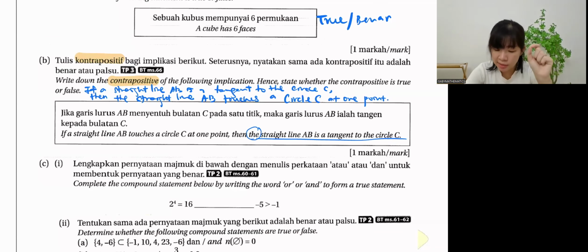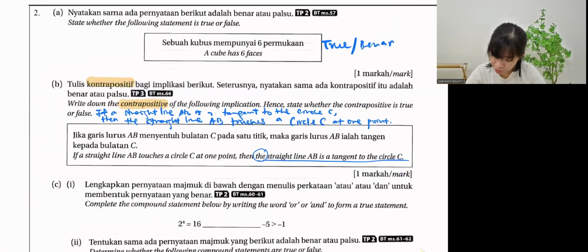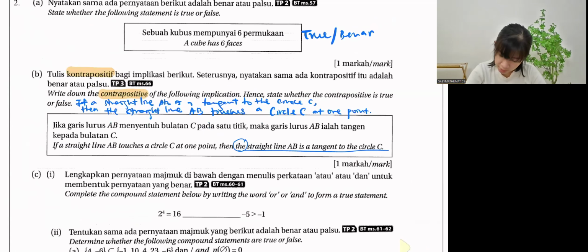This is the small little grammar thing here. So we don't start with the, we put a. Okay. Yeah, guys, change to not. Forgot to change it. Is not. Okay, is not. Then the straight line does not touch a circle at one point.